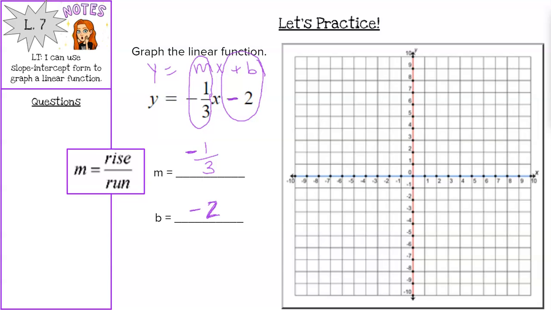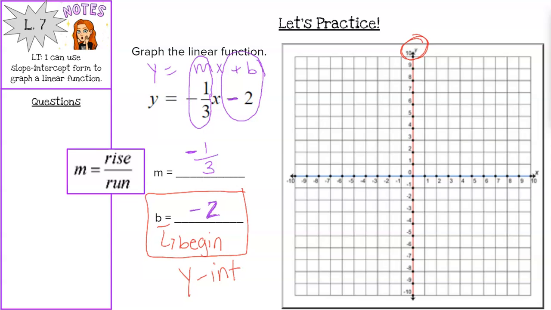Now again, we're going to begin with our b. Remember, b for begin. So at negative 2, we're going to begin on our y-axis, because it's our y-intercept. So we're going to go to negative 2 and put a point. And then we get to go to our slope, and we have to interpret that rise over run. So we're rising negative 1. The negative is always going to go with the top number if it's negative.